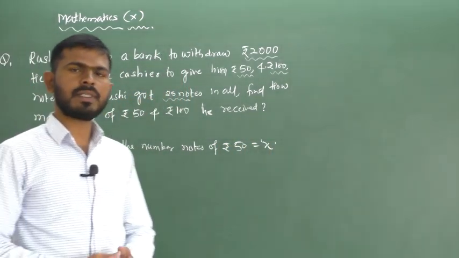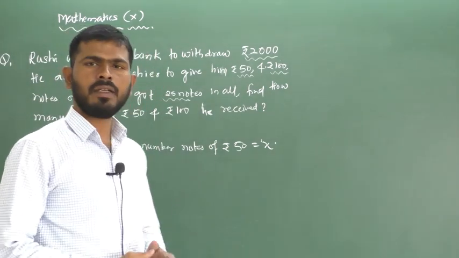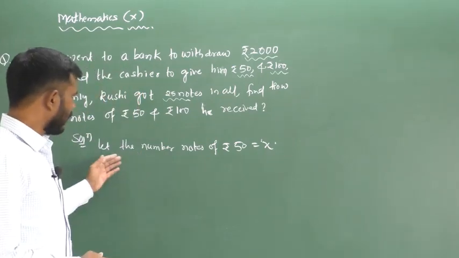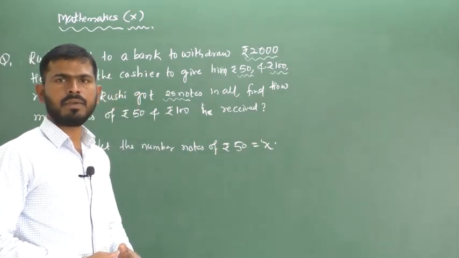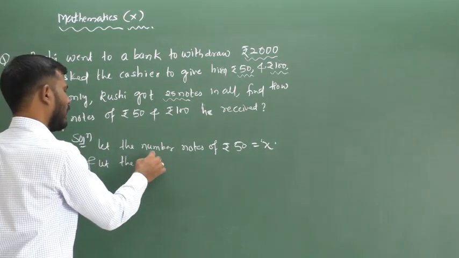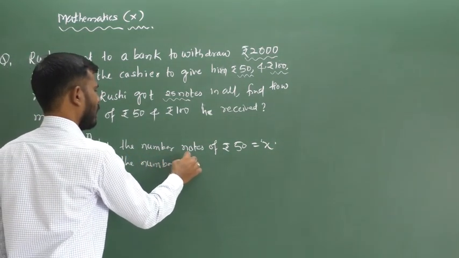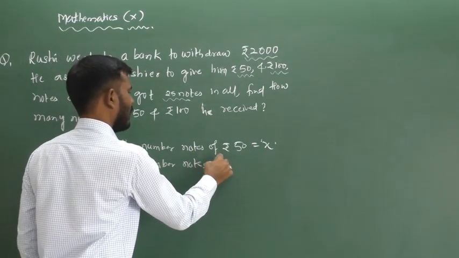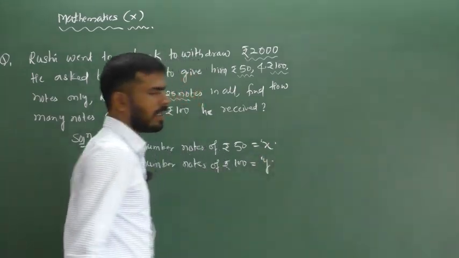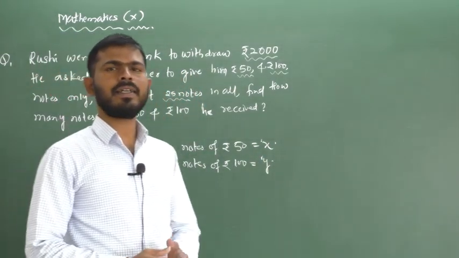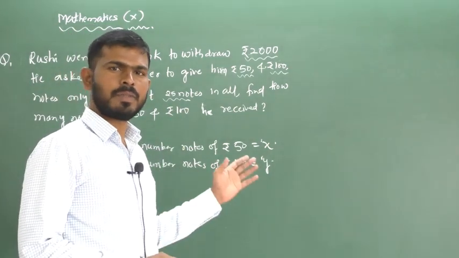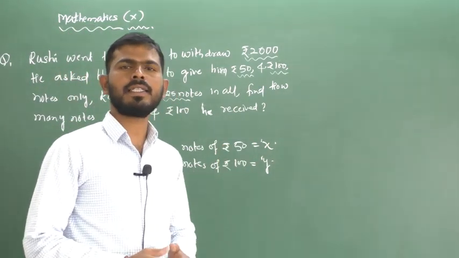You don't know how many notes of rupees 50 Rushi has, so I consider it as x. Similarly, let the number of notes of rupees 100 equal y. Last session we considered only one variable, but in this problem, and in such problems, you can consider two variables.